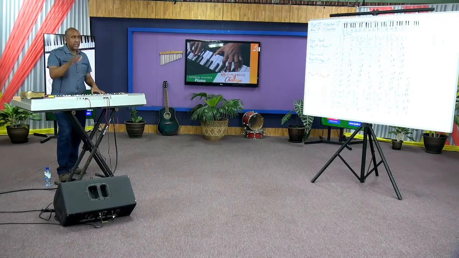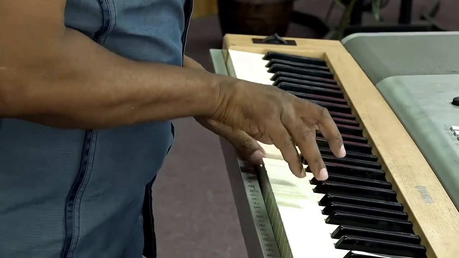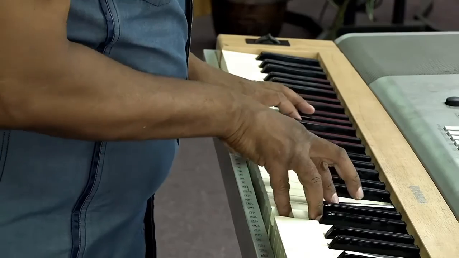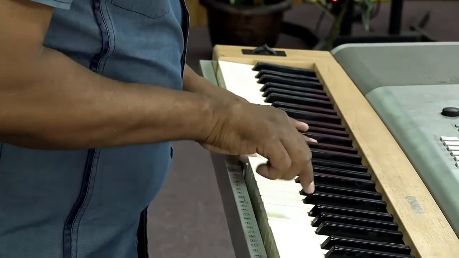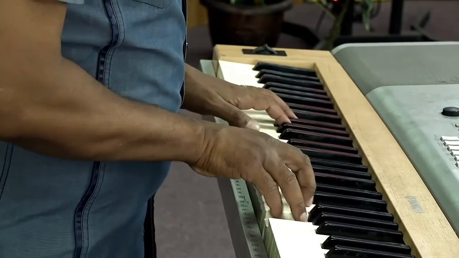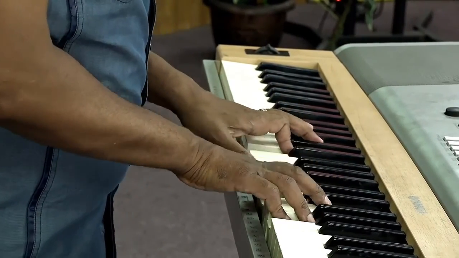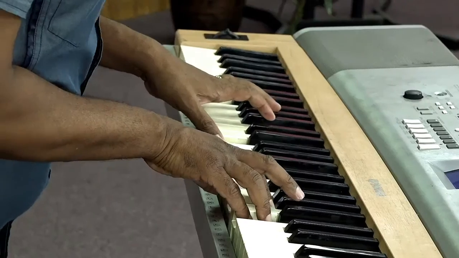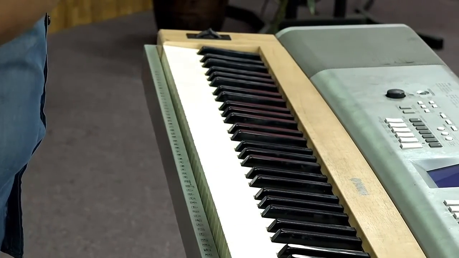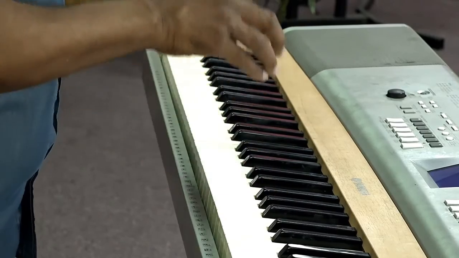So, in the key of G, so that is in G. So 1 now is G, 5 is D, 6 is E minor, and 4 is C.